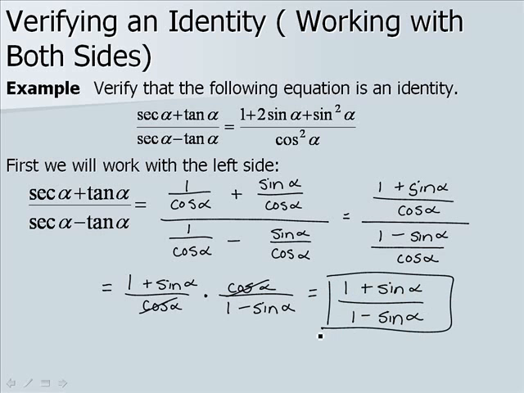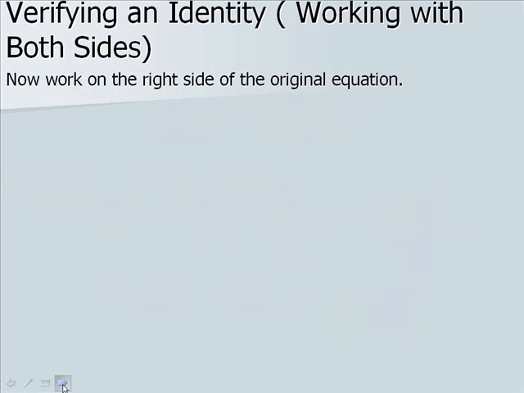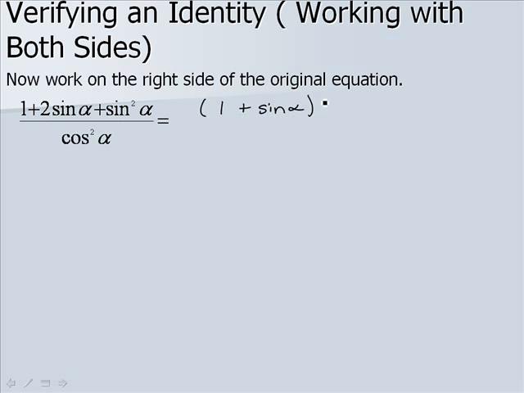Now, bearing that in mind, let's now look at the right side of our equation, and we want to work with it. So looking at our numerator, we see that we can simplify this or factor it down to be 1 plus sine of alpha quantity squared divided by the cosine squared of alpha.